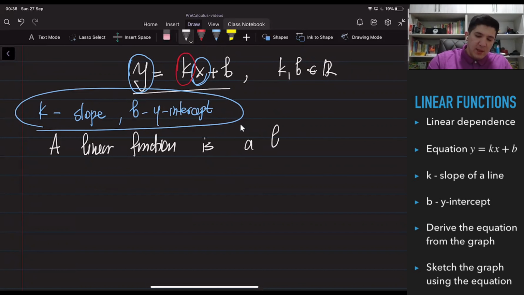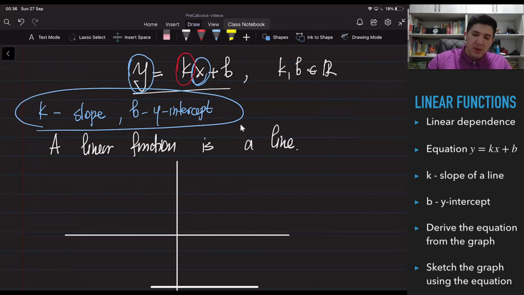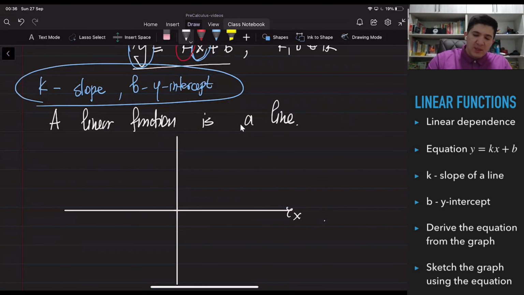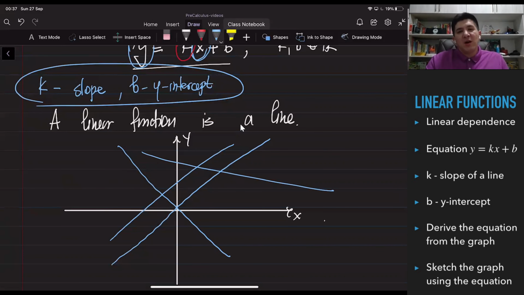If you have a coordinate system, the rectangular coordinate system, I would guess that you may draw different types of lines, right? For example, you may draw this kind of line, or this kind of line, or this kind of line, or even this kind of line. All of these lines are in some sense linear functions.